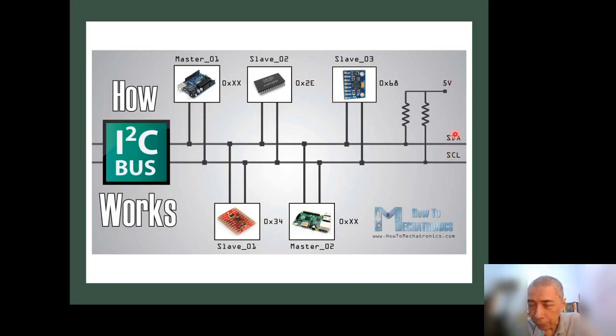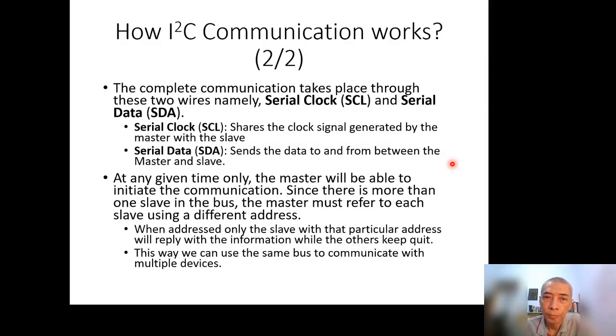One is for receiving and transmitting the data, and the other, the SCL, is used to synchronize the clock. The serial clock shares the clock signal generated by the master with the slave, and the serial data, or SDA, sends the data to and from between the master and slave.